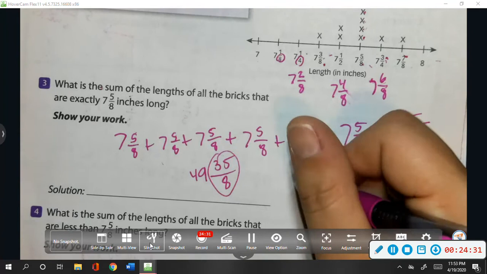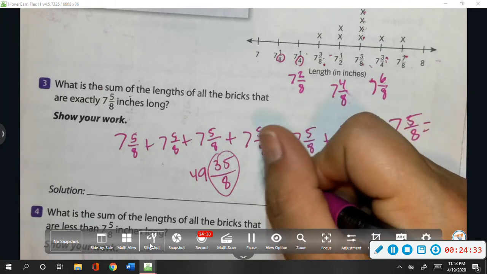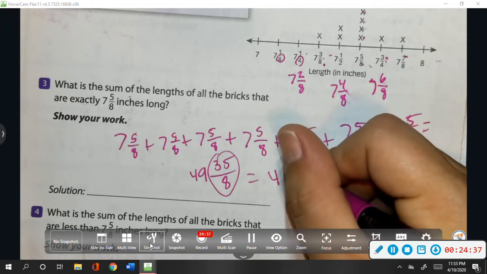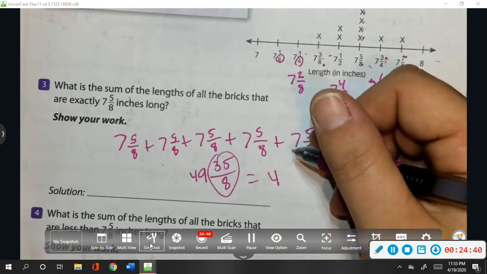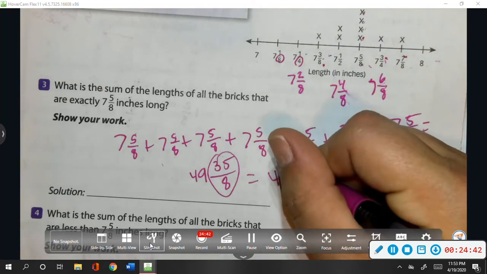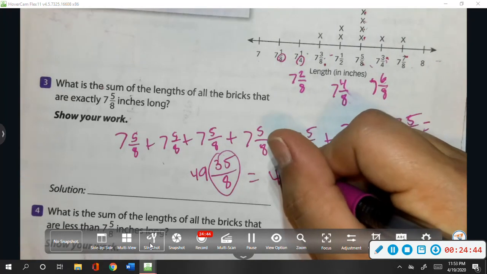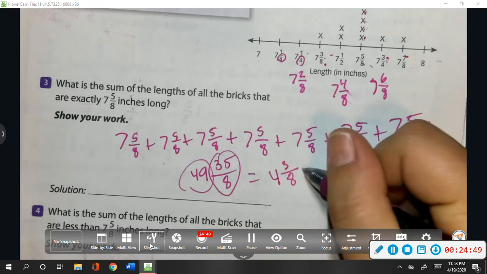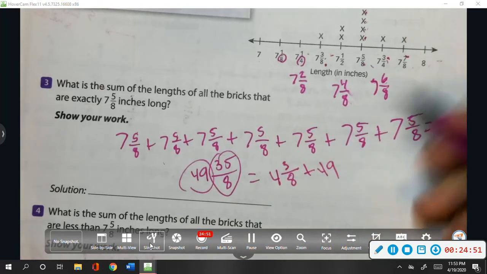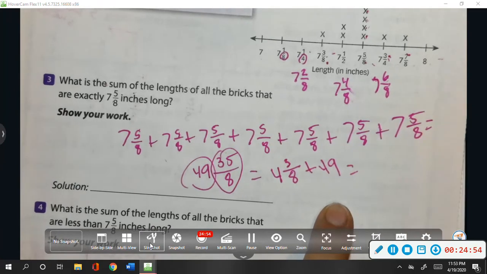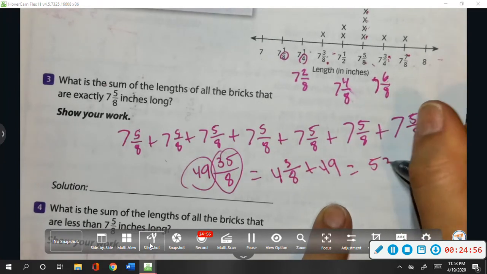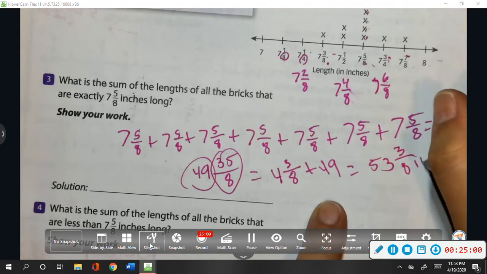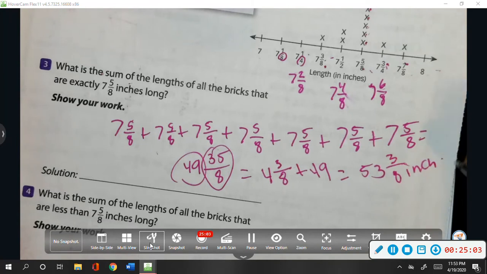8 goes into 35 4 times, so we have 4, and that would leave 2, right? No, 3. 8 times 4 is 32. To get to 35, we'd have to add 3, and our denominator doesn't change. And then we just add in our mixed number again, and that all equals 53 3/8 inches.